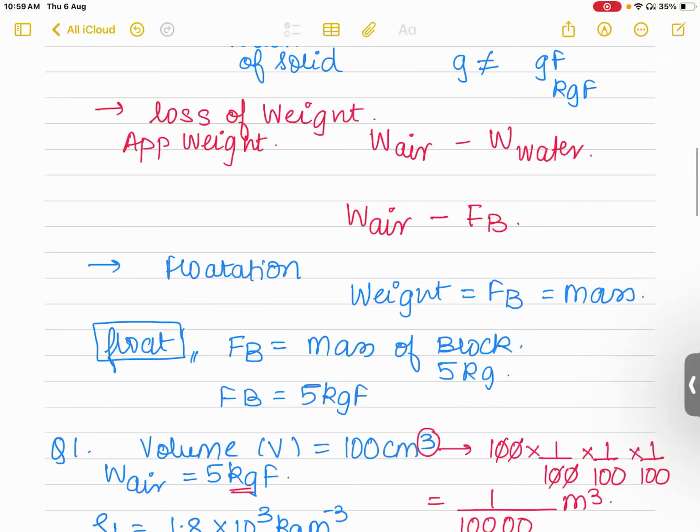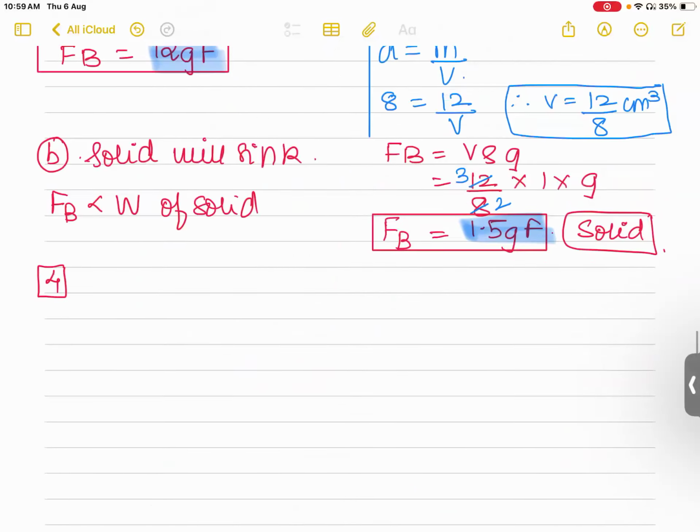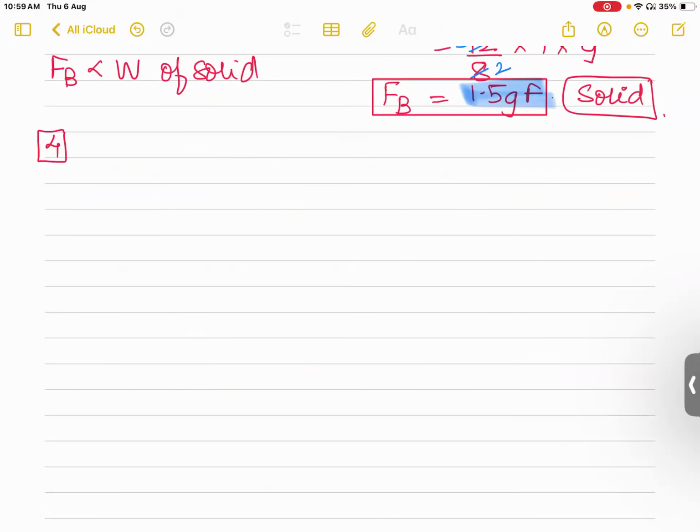So by default, we need to first go with the given part. Let's write what all things are given to us. If you find it a little challenging to solve, I would suggest you keep your textbook in front of you and then solve, so that you have your question with you. I will make a note. Density of solid is 5000 kg per meter cube.